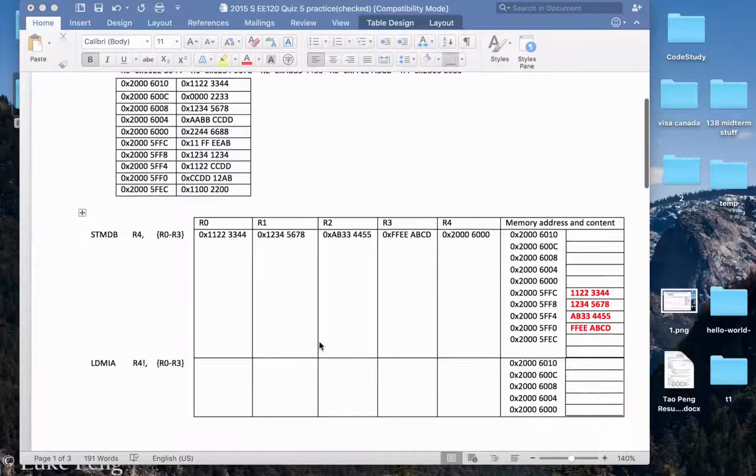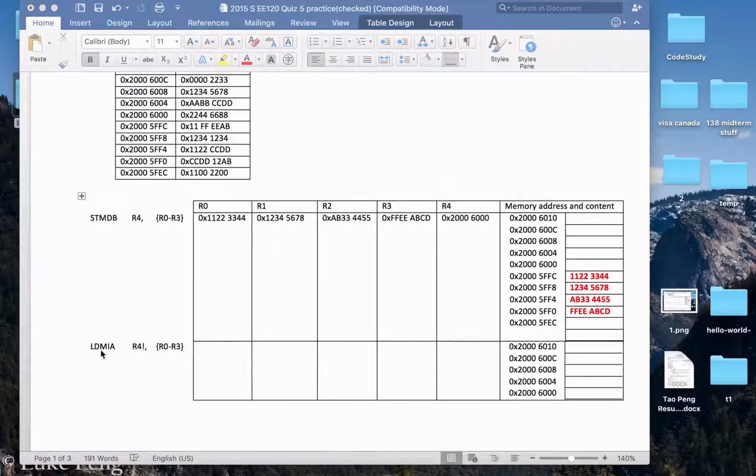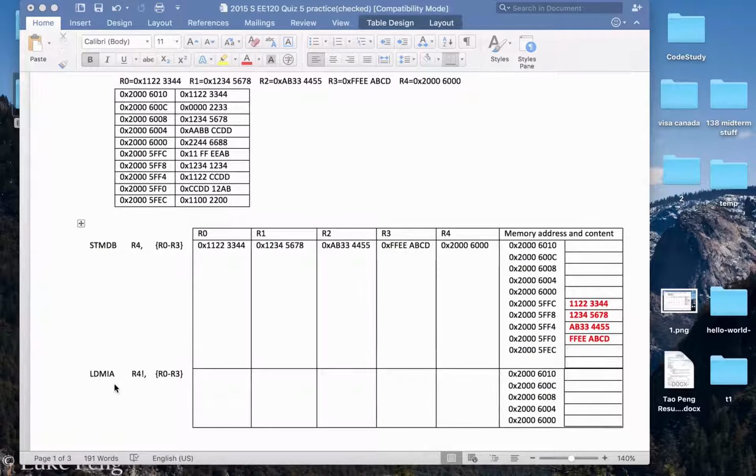Right now, let's do LDMIA R4 with write back, starting from R0 going to R3. This means I read from my memory, and I use R4 as my pointer.